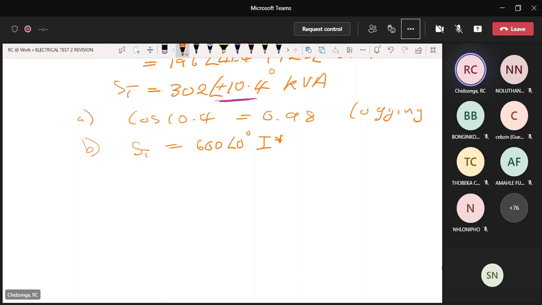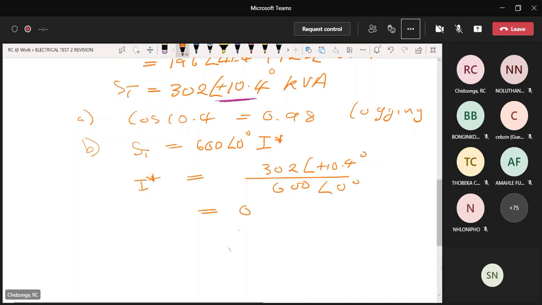That's what I've been saying. So your current conjugate is simply going to be 302 angle plus 10.4 divided by 600 angle 0, which means it's going to be 302 divided by 600, which is about 0.5.